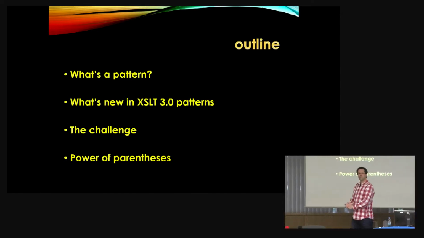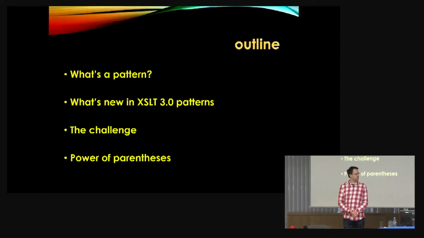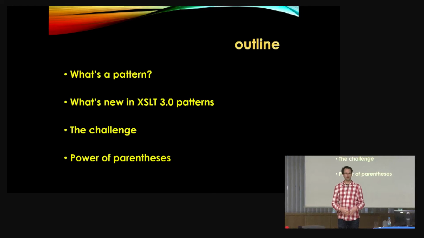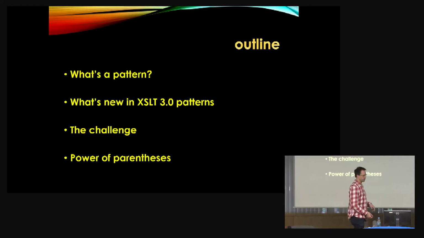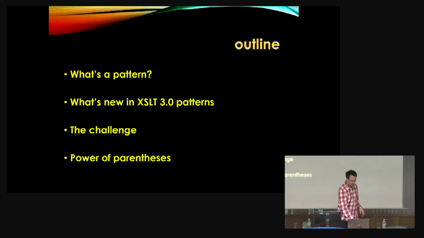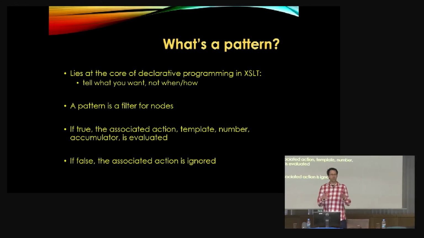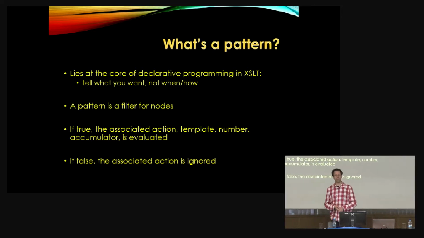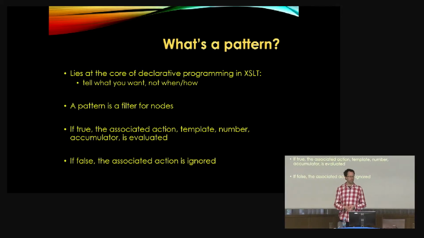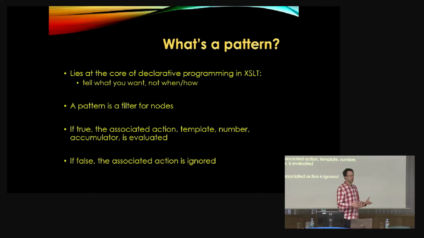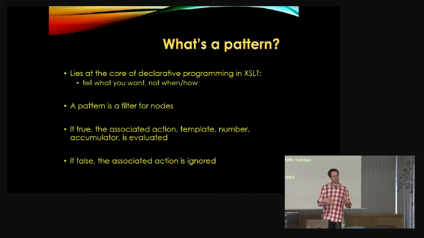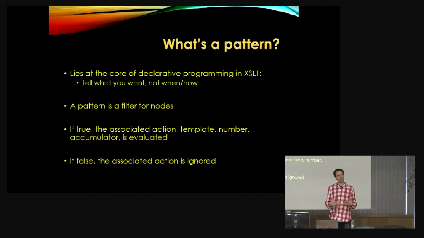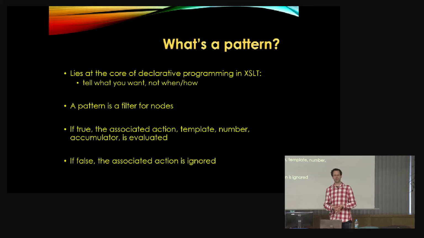So XSLT is a language that really evolves around patterns. The moment you start writing an XSLT style sheet, you basically can't do anything without writing patterns, and that is the basis of the declarative nature of XSLT. What we're going to talk about is the things that have improved in XSLT 3.